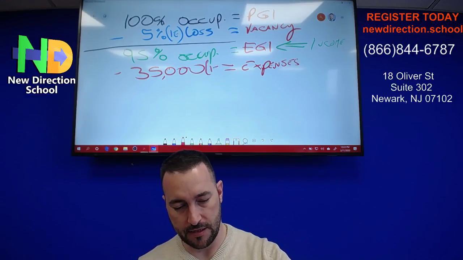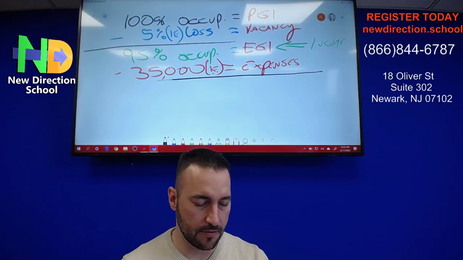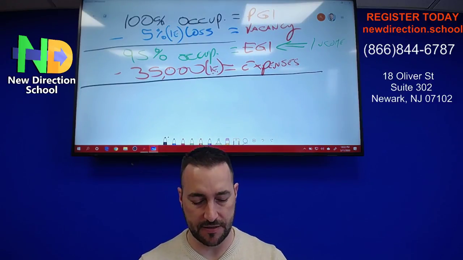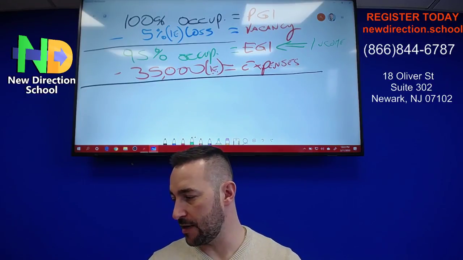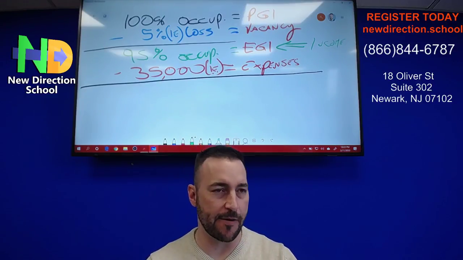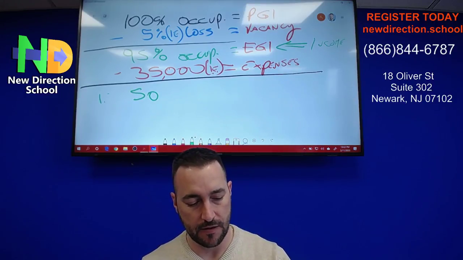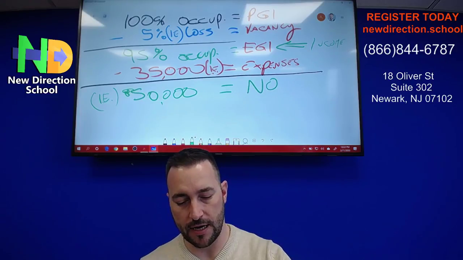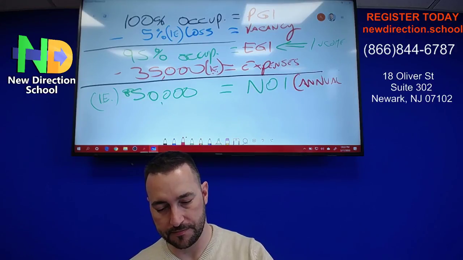We put here IE, which means in example. Now, effective gross income minus expenses brings us to the number we truly need, which is the annual net operating income. So let's say, as an example, the annual net operating income is $50,000. This was the NOI, and NOI is representing annual.